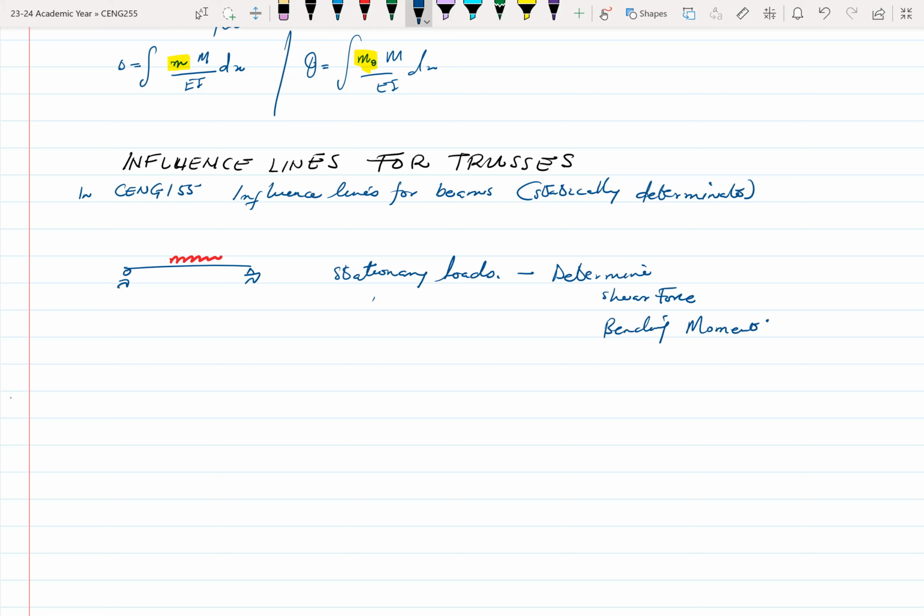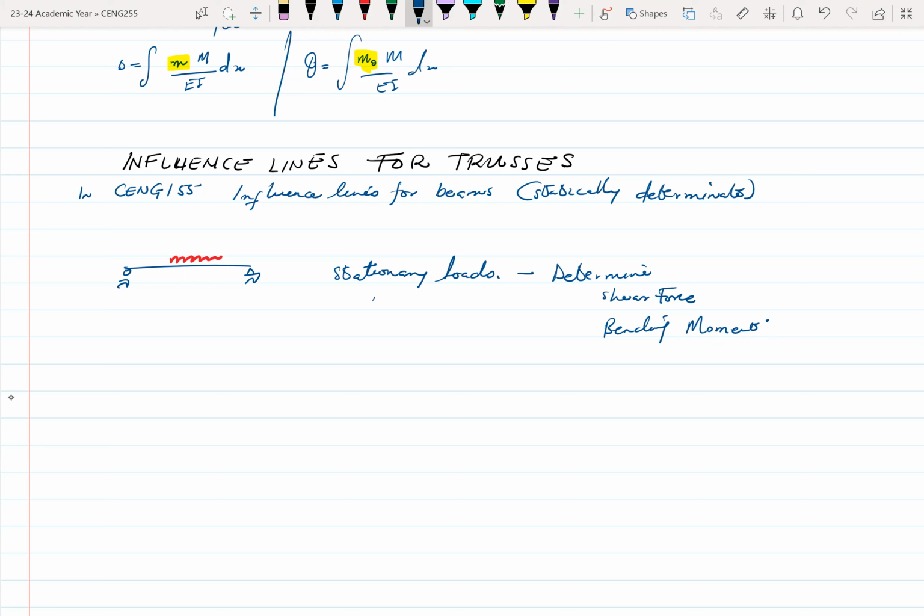We have loads fixed at a point or across maybe the entire span, but the key thing is that the loads are fixed. Even if it's a UDL or a point load, the loads are always fixed in location and also in time. They don't change in time. Based on that, we determine functions. These functions can be reactions, shear force, or bending moment. We'll find them along the entire length of the beam.